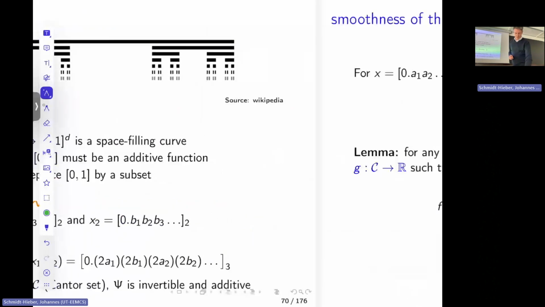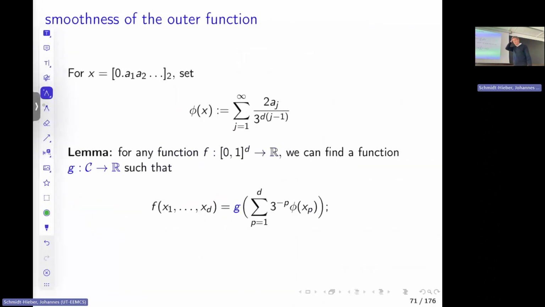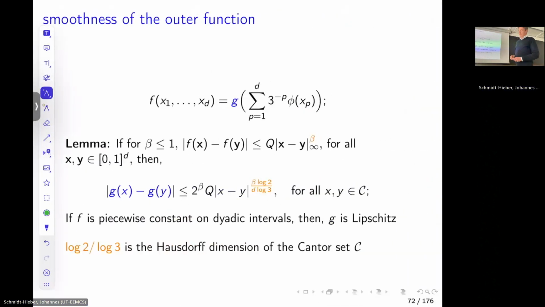Now everything works well, and this is the map that you then have in the interior function, and you can show that you get a 3 to the minus p, because that is exactly what shifts these digits by 1. This is the result, which shows that you get exactly the right property transferring the smoothness from the outer to the inner function g.